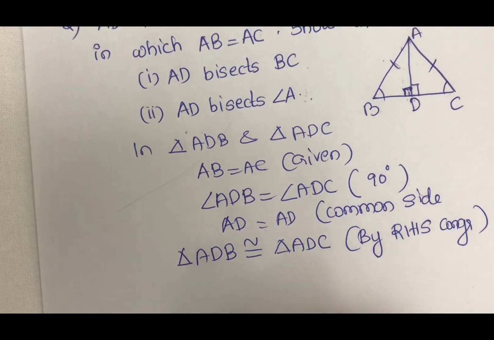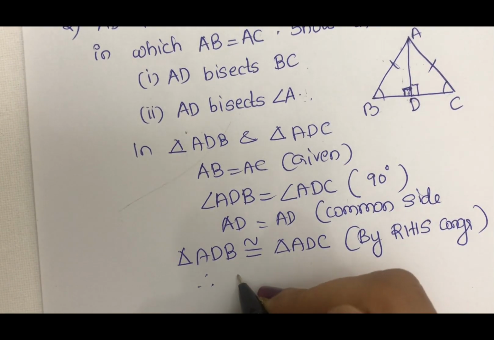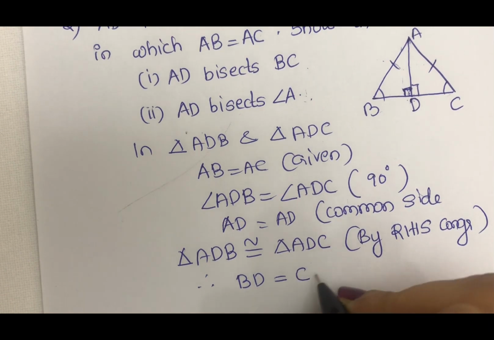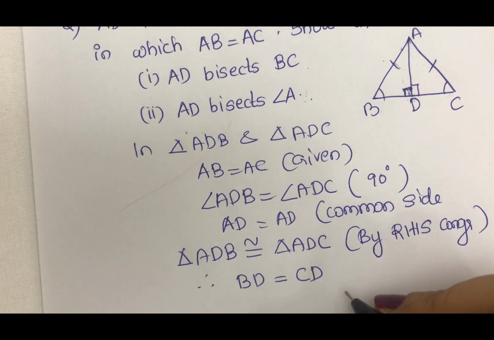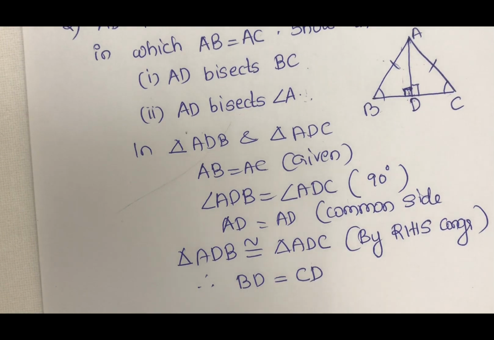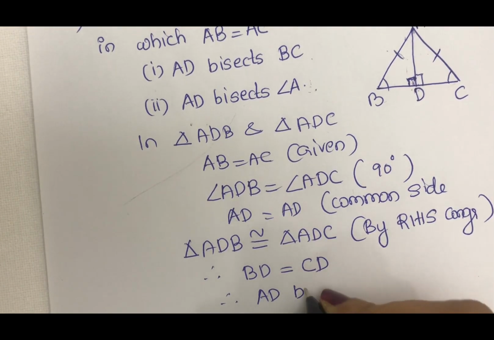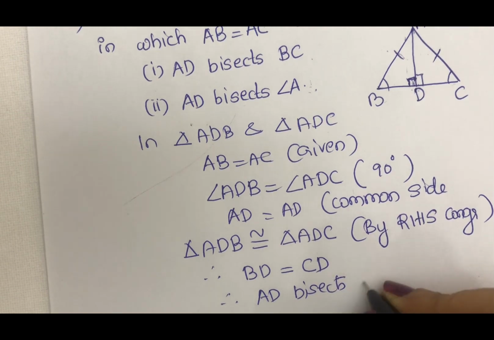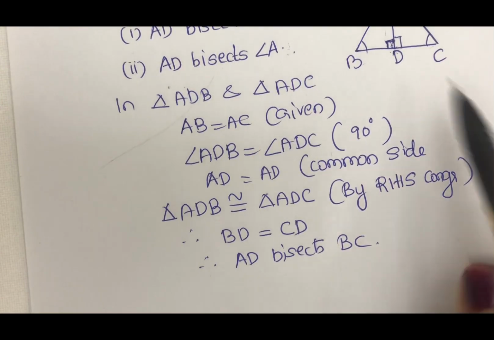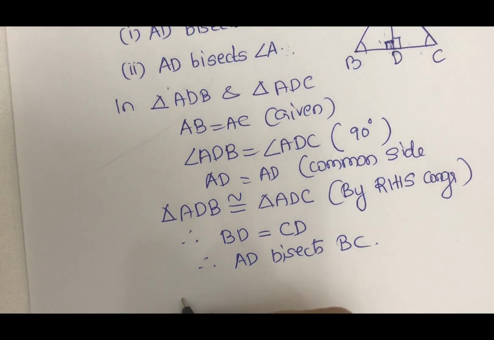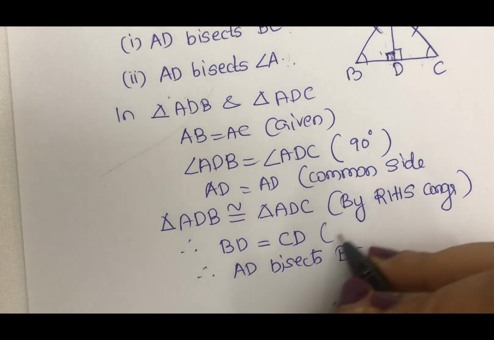Therefore BD is equal to CD, and therefore AD bisects BC.